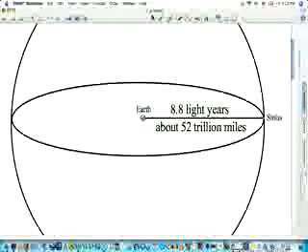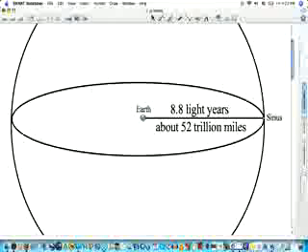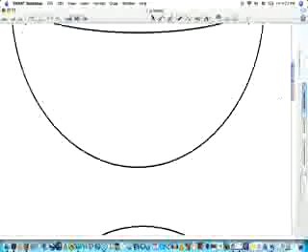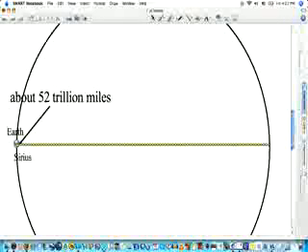We're going to take this sphere and pack it so full of little microbes, which are just minuscule molecules, and pack the entire sphere full of these. Now we're going to space each of them out the same distance apart from each other that Earth and Sirius are.